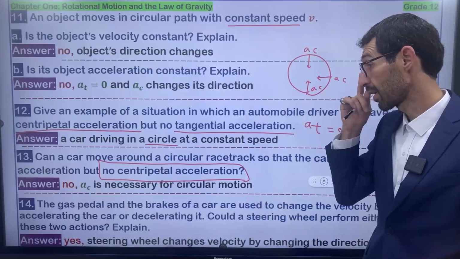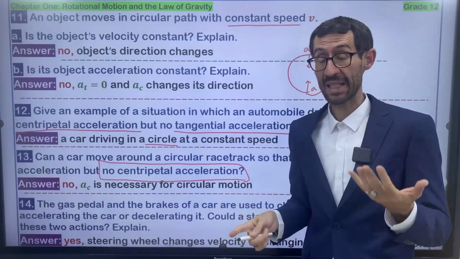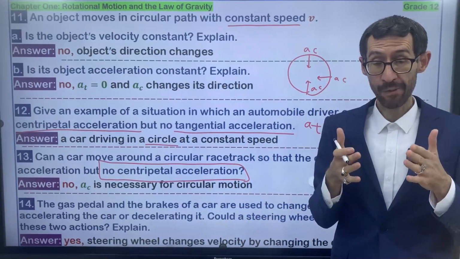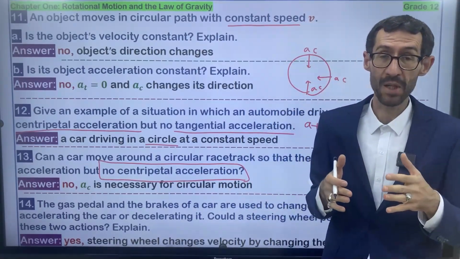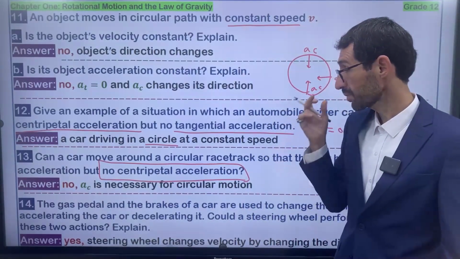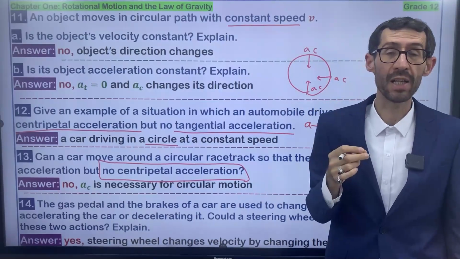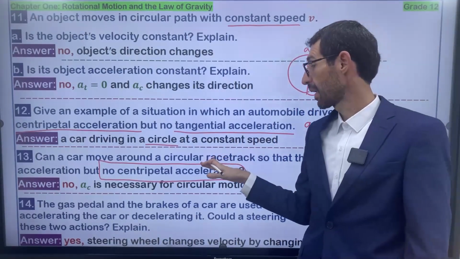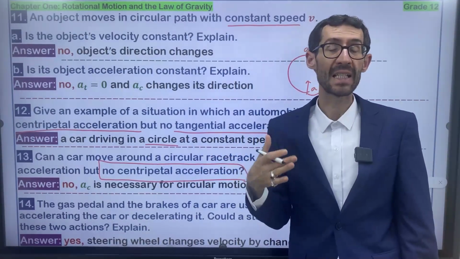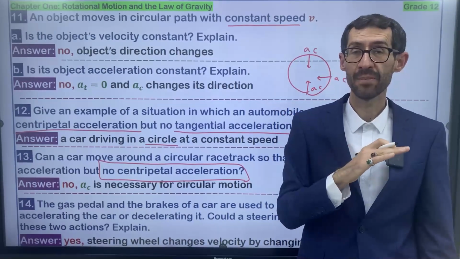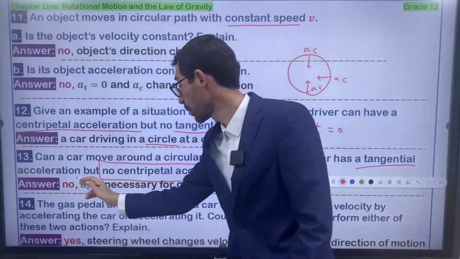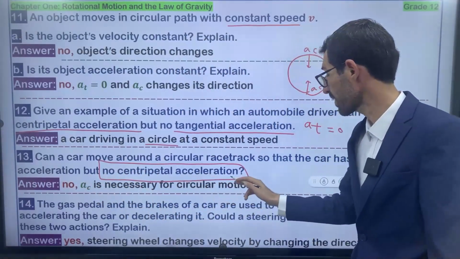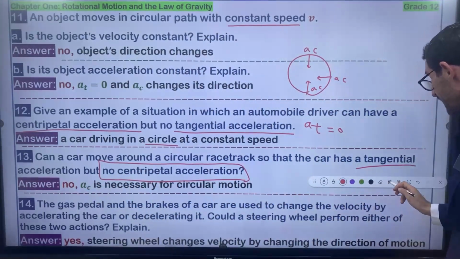I told you in previous lessons, and I emphasize this information, that in a circular track the centripetal acceleration never becomes zero. This is the answer. No, AC is necessary for circular motion.